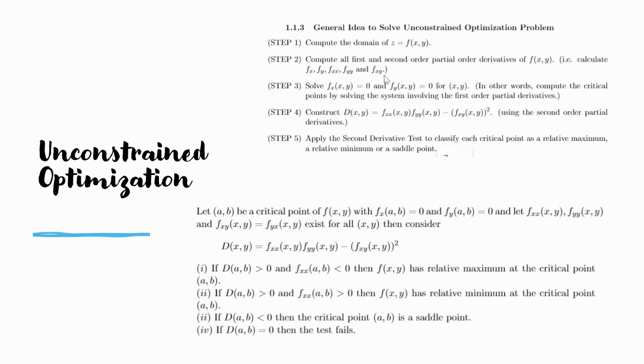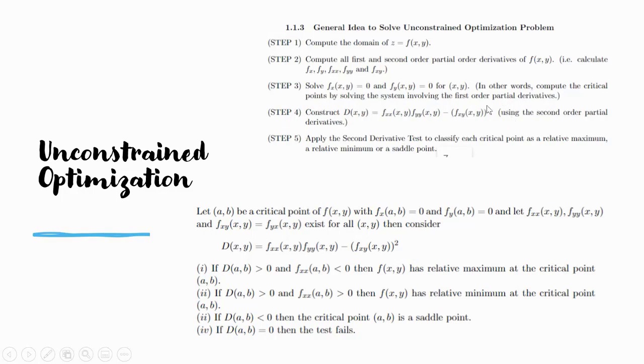So you will set your first order partial derivative with respect to x and your first order partial derivative with respect to y equal to 0, and then solve the system to see what your critical points are.